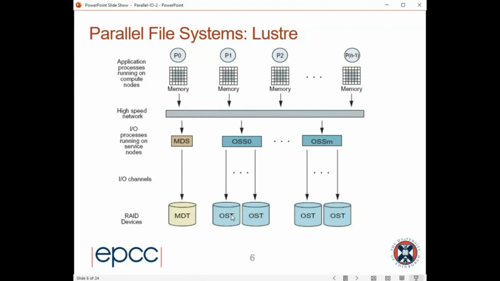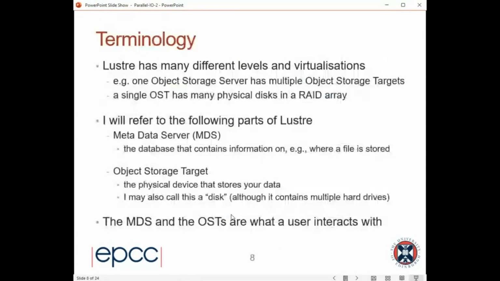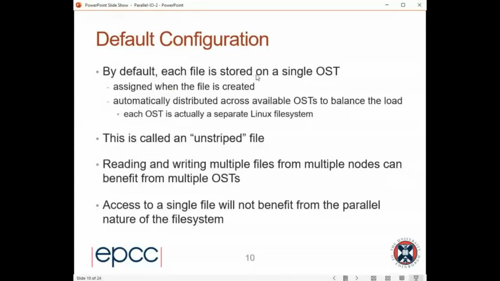You can see we immediately got some parallelism there for no extra work. Each OST is a separate Linux file system. If you went onto that Linux file system, you would see your file there.